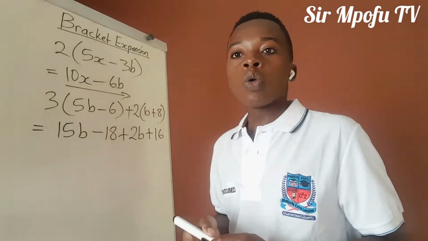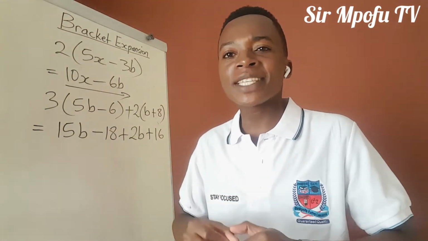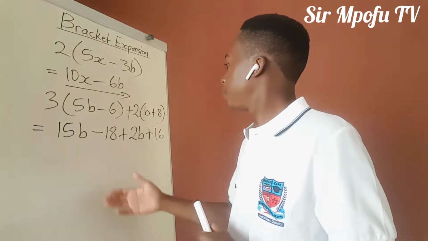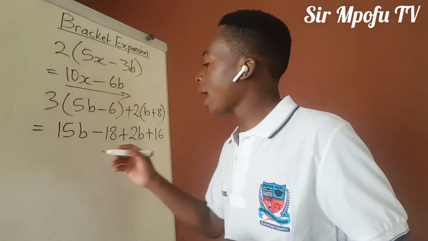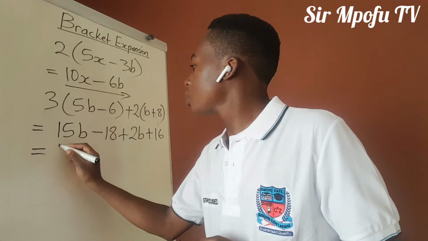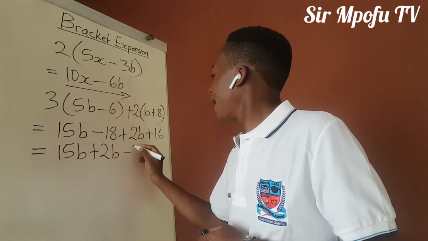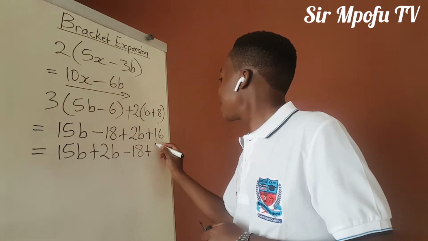Now, do we have like terms? Yes, we have like terms. You can see here, this b and this b, and the terms without any algebra. Now, this is going to be 15b plus 2b minus 18 plus 16.